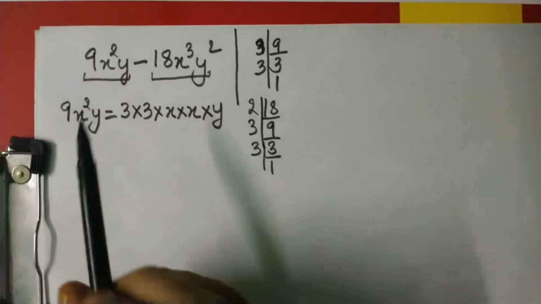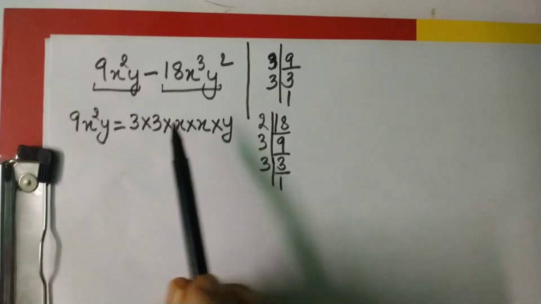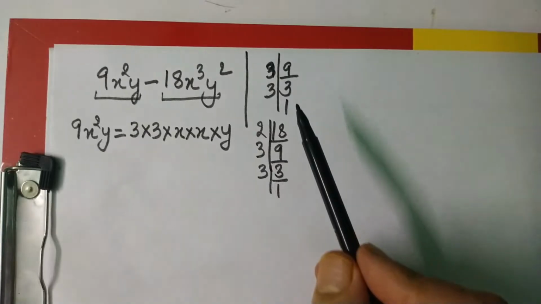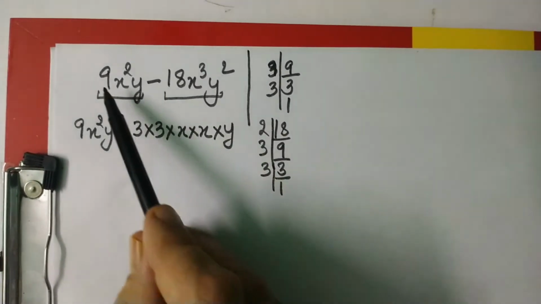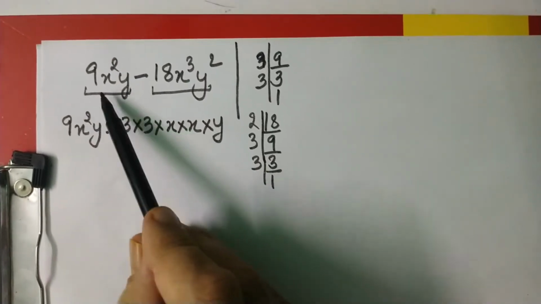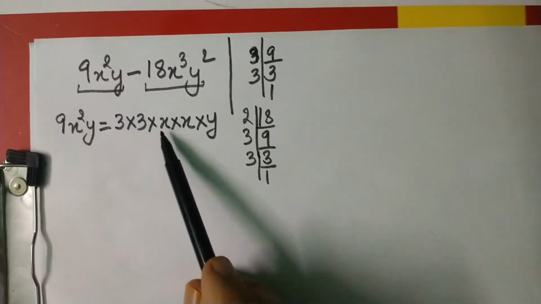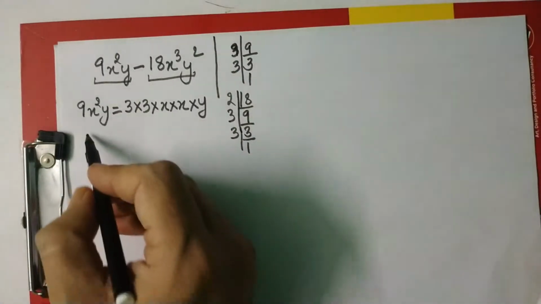So we factorize the number and the variables: 9 becomes 3 into 3, x square means x into x, and y means y.